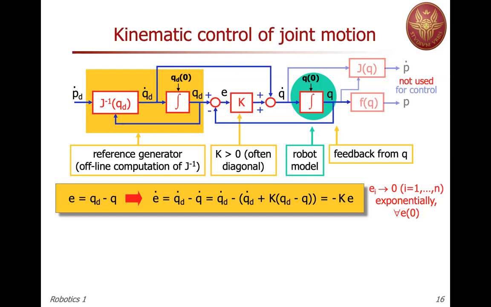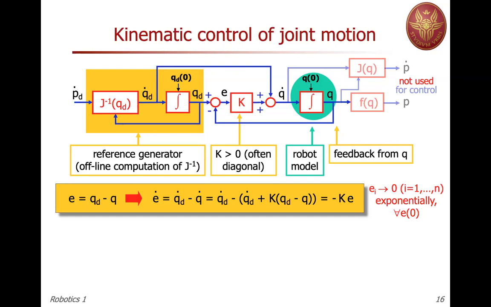And if K is taken as usual, diagonal, you can analyze this equation component-wise. It's a linear differential equation. For joint I, you will have EI dot, the derivative of the error at that joint, equal to minus KI, the diagonal gain at joint I, times EI.